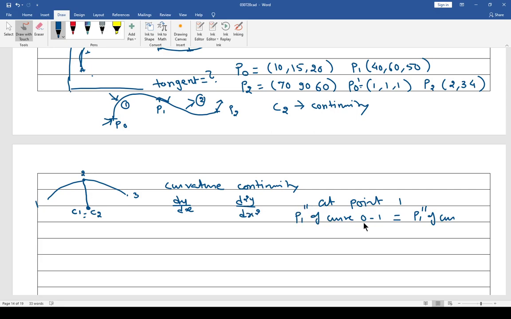P1 double dash of curve 0 1 is equal to P1 double dash of curve 1 to 2. So here I am talking about equation 1 and here I am talking about equation 2. Okay, this is the meaning.